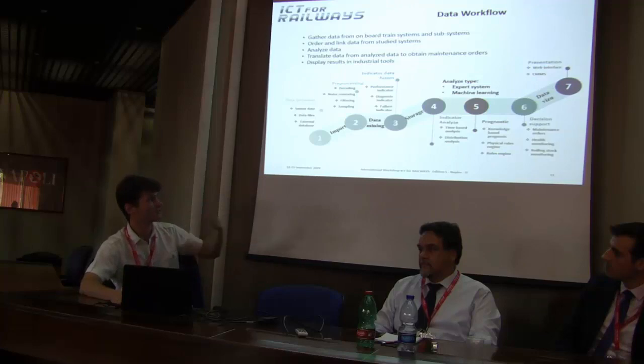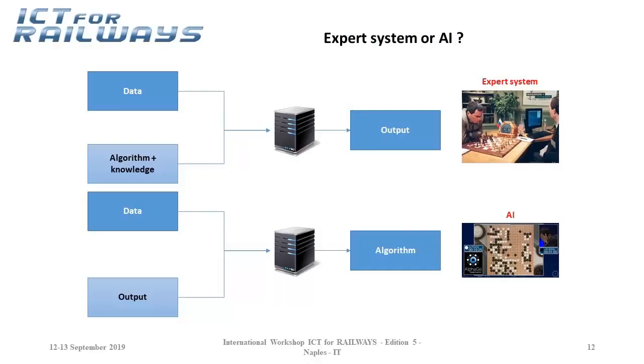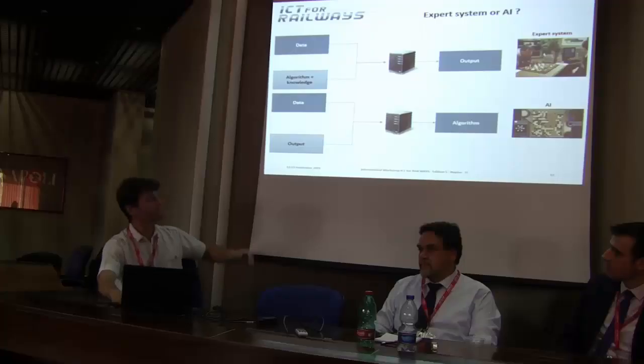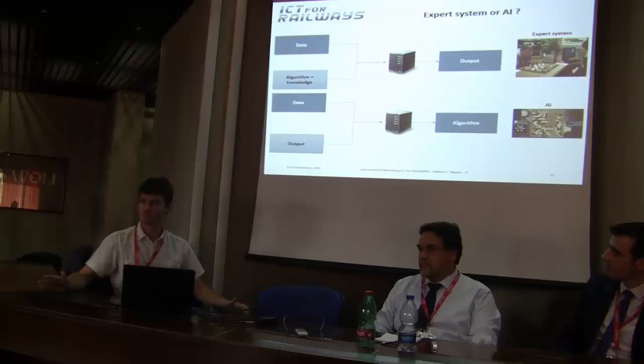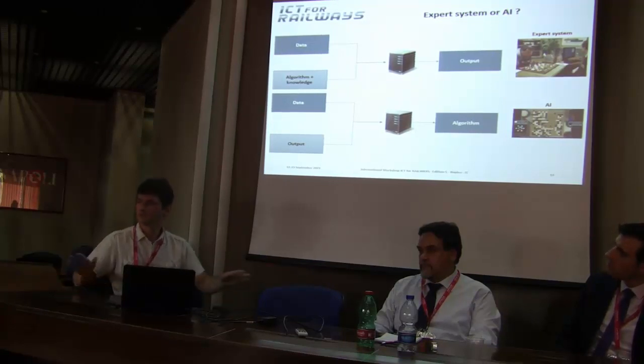Sometimes we talk about AI or machine learning expert systems. In the case of passenger access, we are using an expert system. Basically, we have a huge amount of data: more than 250 trains, each train has 16 doors, opening a few times a day.